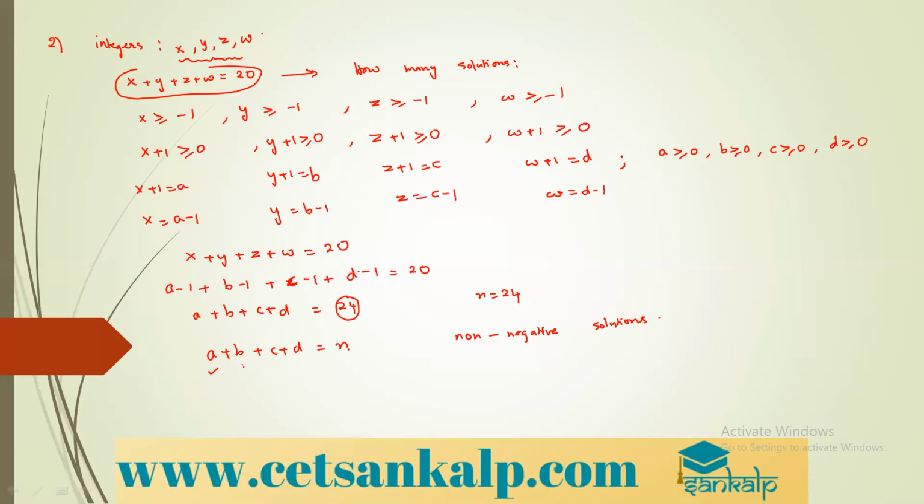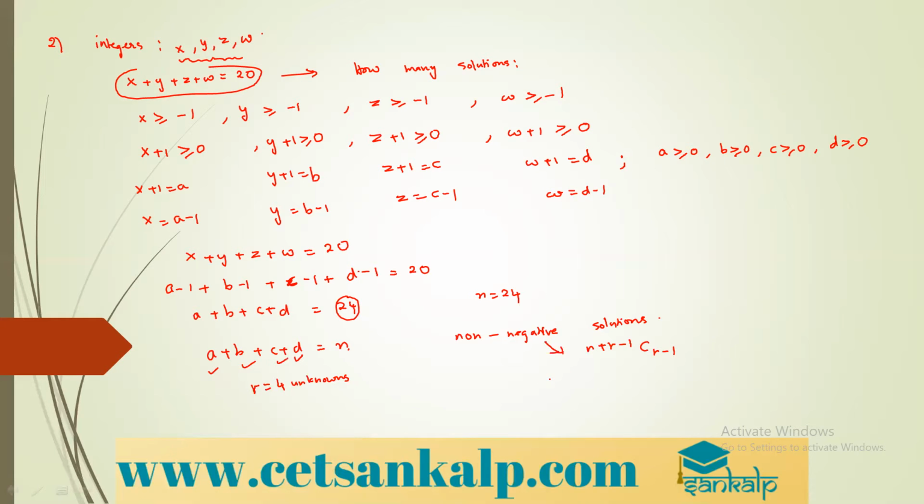If 4 unknowns are there, and if you need non-negative solutions, suppose the 4 unknowns you will take as R. Then the formula I gave you is n plus R minus 1 C R minus 1.